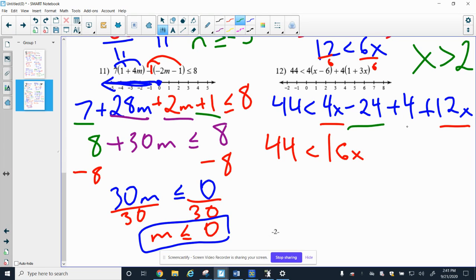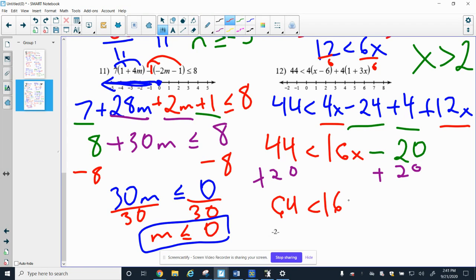And we could combine the negative 24 and the plus 4, minus 20. We want to get rid of this minus 20 next. Plus 20, plus 20. 44 plus 20, 64 less than 16x.